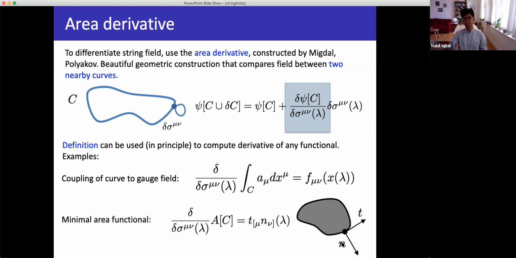This is a very nice and very geometric thing. It should again make some sense, right? If you add a little bit of an area element here, you'll have to increase the area. The amount that you increase it is going to depend on what's there already. You can prove this through a tedious computation, but it can be done. Any questions about the area derivative and the string field before I move on?